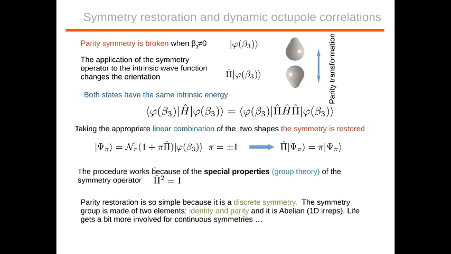In this case, it's very simple because the projector is just the linear combination of the identity plus the parity operator, and the weights are essentially just the parity quantum number we want to project into the intrinsic wave function, right? So this is again rooted in group theory, but in this case, due to the fact that parity is a discrete symmetry, the projector is extremely simple, right?